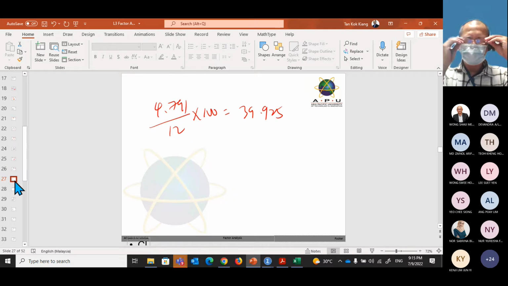So, sir, this component 1 to 12 corresponds to the variables just now, X1 to X12, right? Then this is not factoring, but removing the other variables?